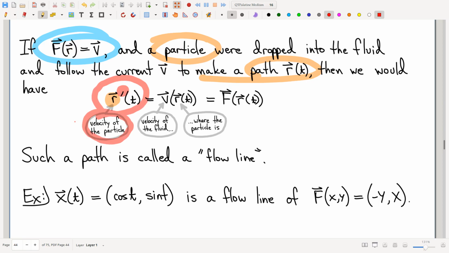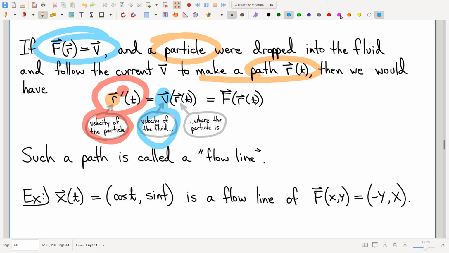R prime, that's the velocity of the leaf. And the big suggestion being made by this equation is the velocity of the leaf is the velocity of the water. Just like we were talking about, right? The leaf falls into the creek and the water's going that way, so is the leaf. Right? Velocity of the particle is the velocity of the fluid.